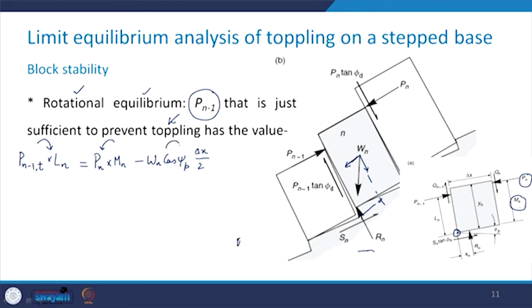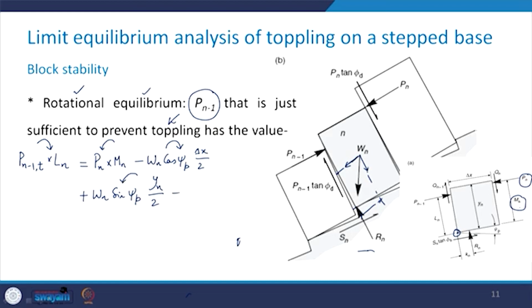Then you will have another component of W, which is Wn sin of psi p, acting at a height of yn upon 2, and its direction will be this.